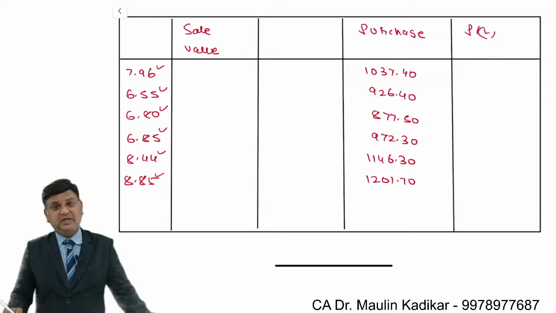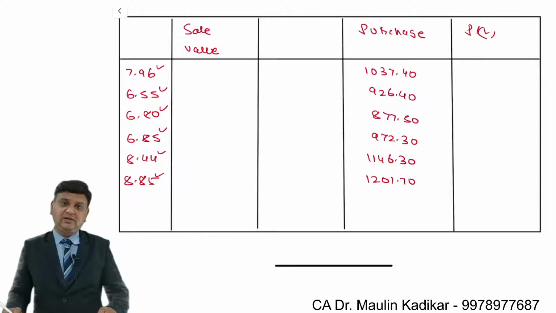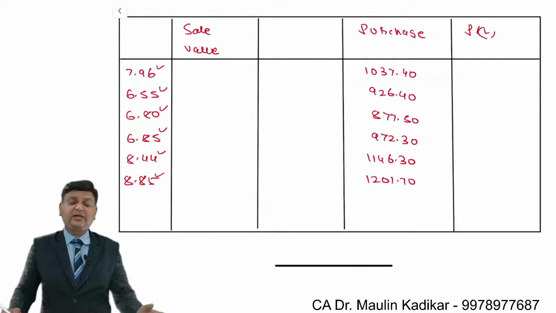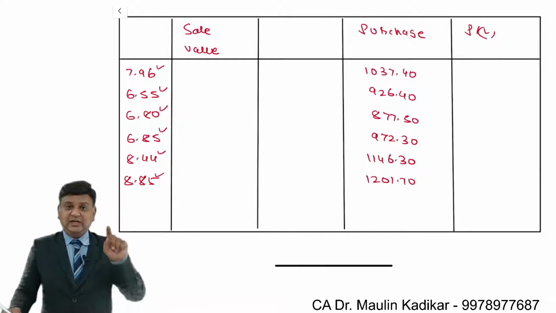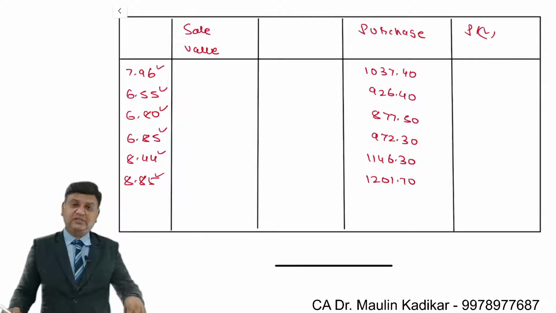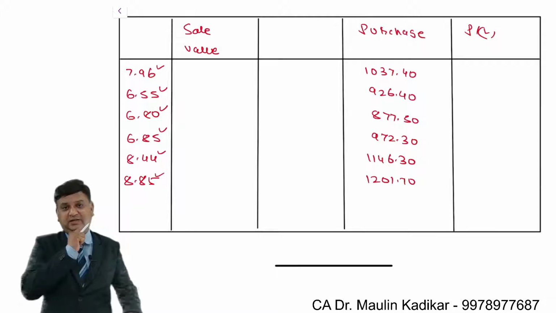Now I have to sell security. How can I sell security? I have to give delivery of the security. How can I give delivery of the security if that security is not available in the market? Whatever the underlying asset for which the transaction was entered upon, that underlying asset is not existing in the market.